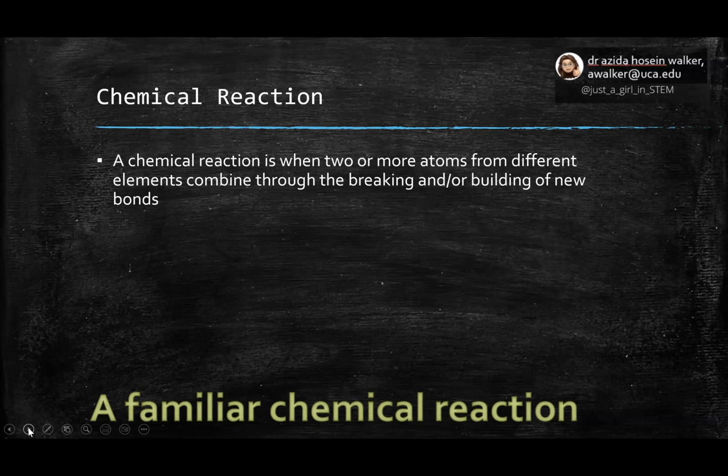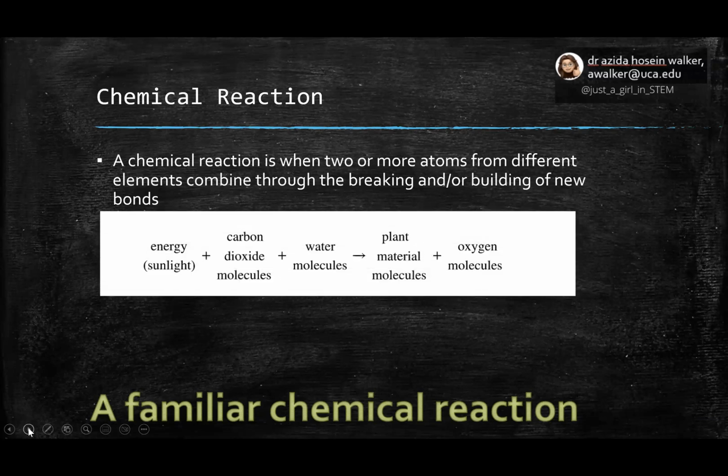That chemical reaction is the combination of these atoms or the elements. And as they combine, there can be breaking of bonds, there may be building up of new bonds, and there may be a combination of both. So the chemical reaction is very complex, and of course, it always goes towards something that's most energetically favorable in terms of the compounds that are being formed.